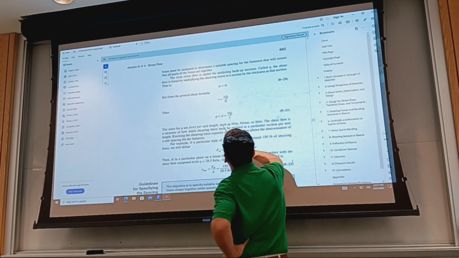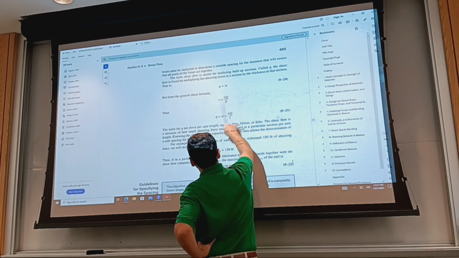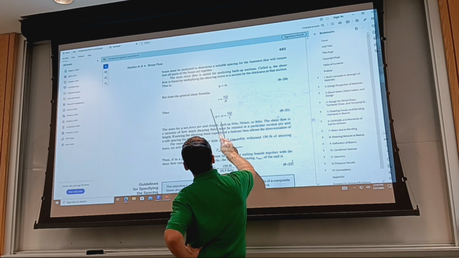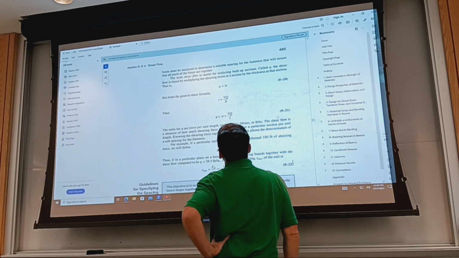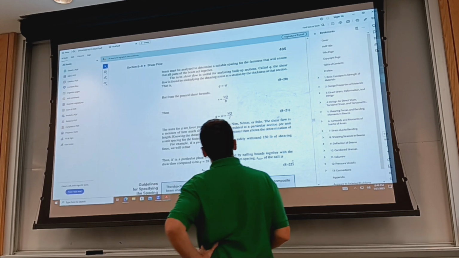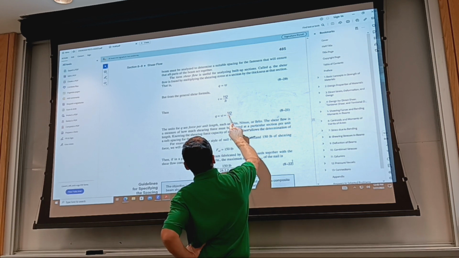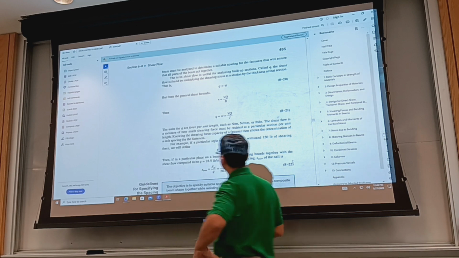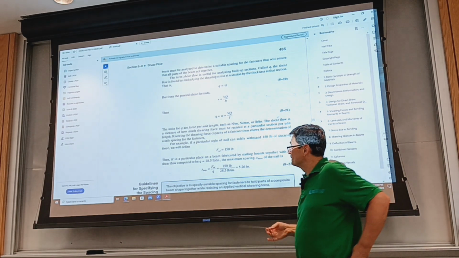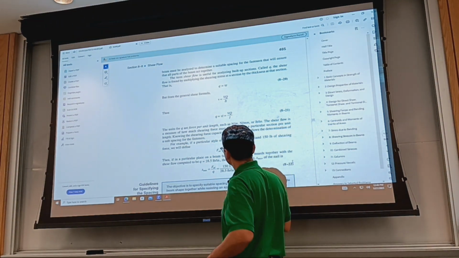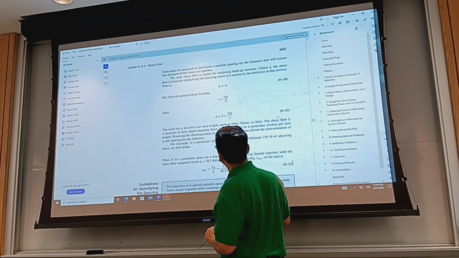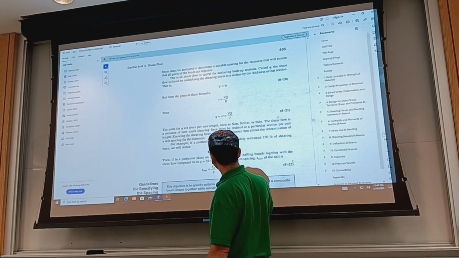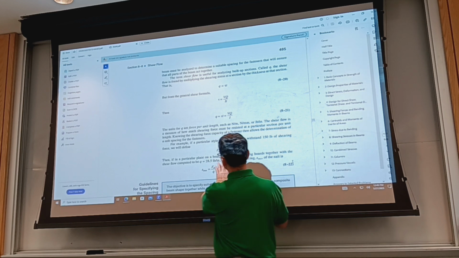Moving forward, using the general shear formula that we contemplated earlier, we have the shear flow as being shear force times first moment of area divided by area moment of inertia. This is the equation to use.